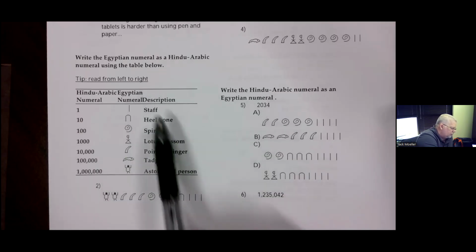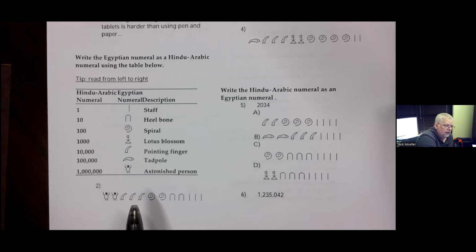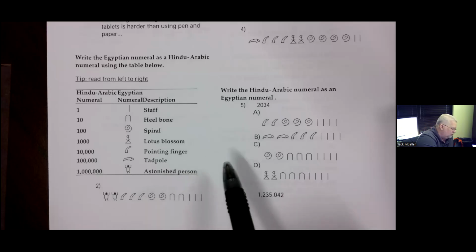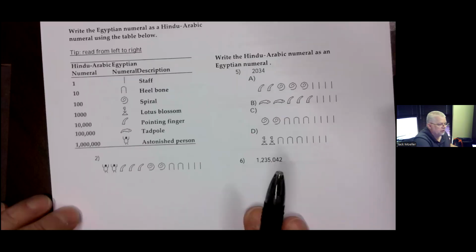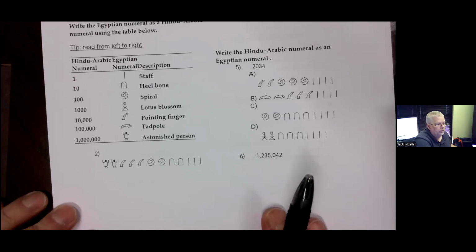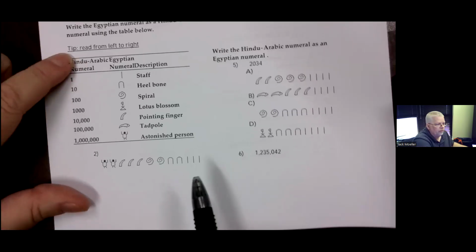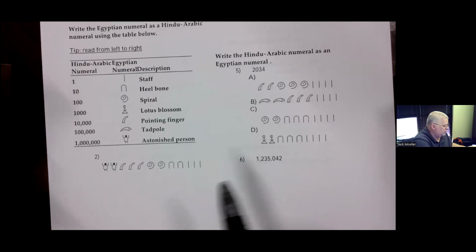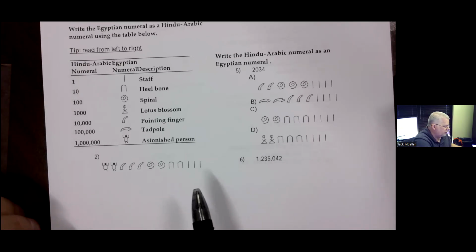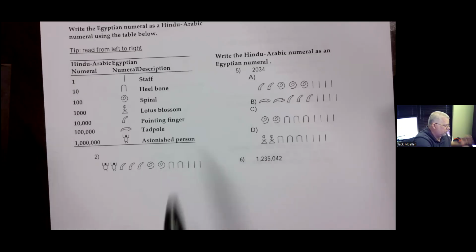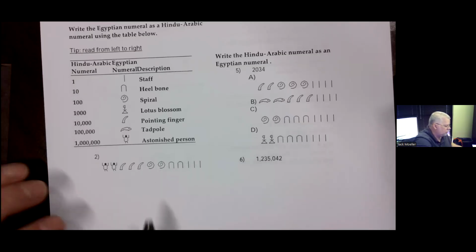One is a one. After that, it gets a little funky. Look at this, and let's see if we can translate it to our number system. Read it from left to right, which is one nice thing: we're reading in the same direction we normally read.